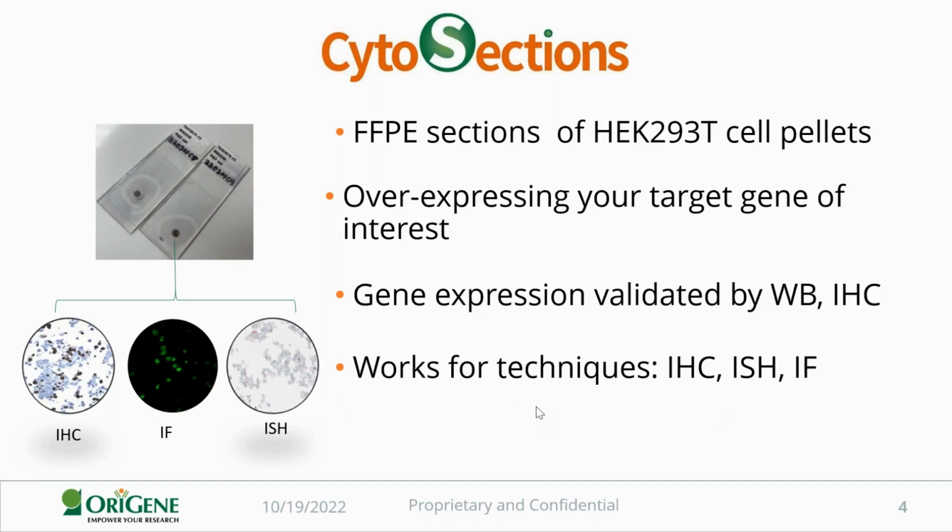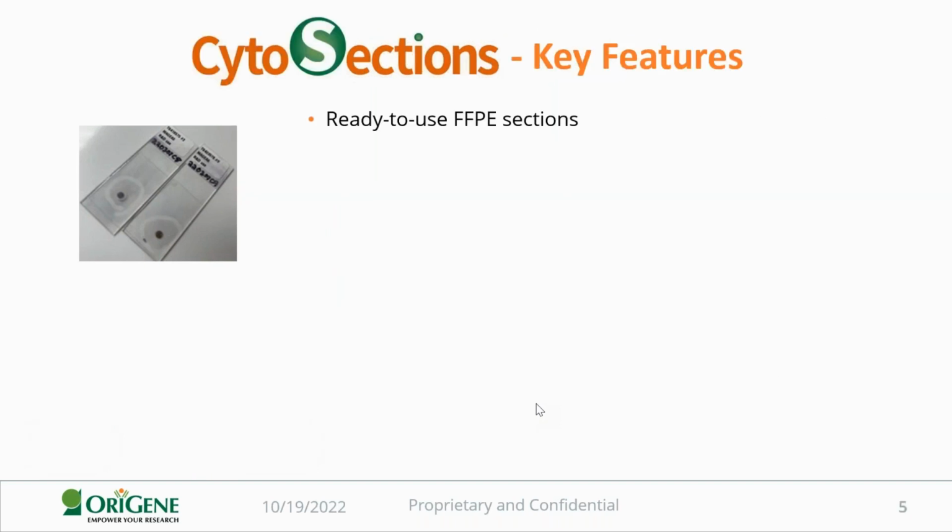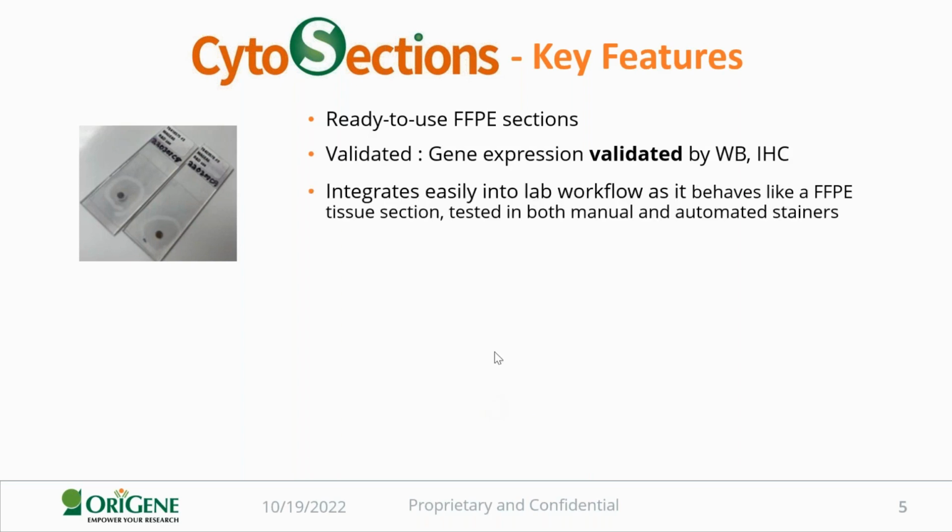What are the key features of CytoSections? First, these are ready-to-use FFPE sections. You get them unbaked. These are validated, which I already mentioned, by Western blot and immunohistochemistry. Since they are ready to use and validated, you don't have to do any standardization. They can easily be integrated into your lab workflow.